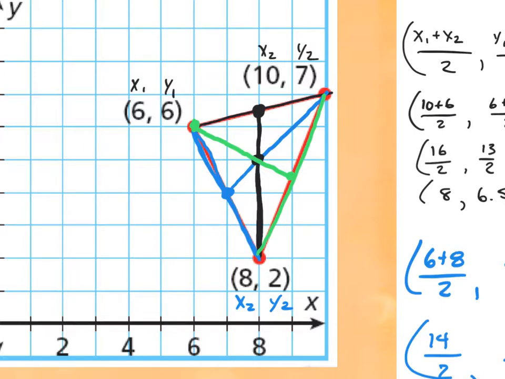Wouldn't you be able to tell where it is, because every median has to be connected with a vertex, right? Yes. So wouldn't you know that it has to be there? Not with one line, because it could have been here, it could have been here, it could have been here.